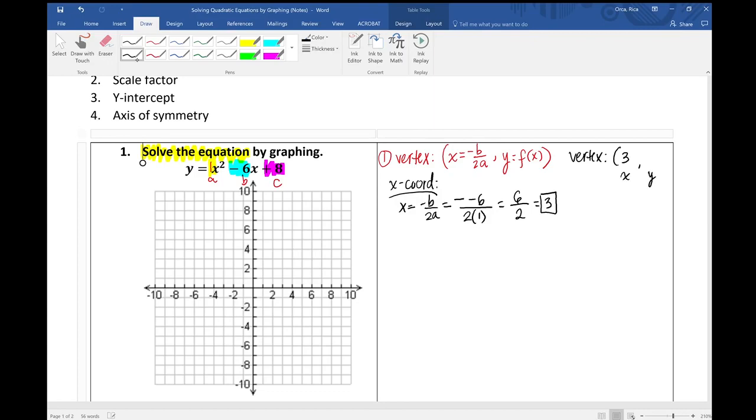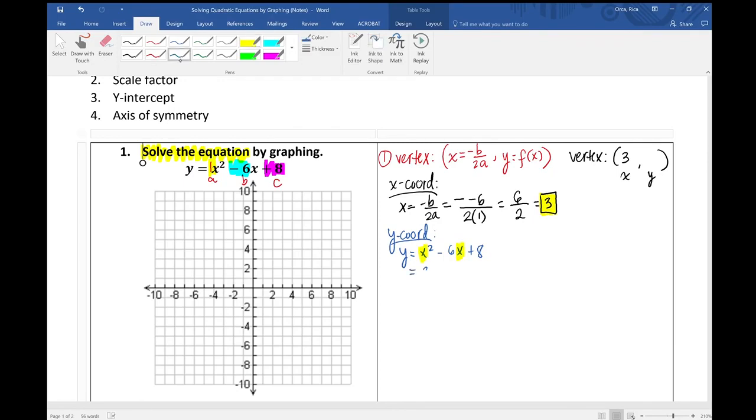Now let's find our y-coordinate. Take the x-coordinate and plug it into your function. y equals x squared minus 6x plus 8. So wherever you see an x, you're going to replace that with 3.